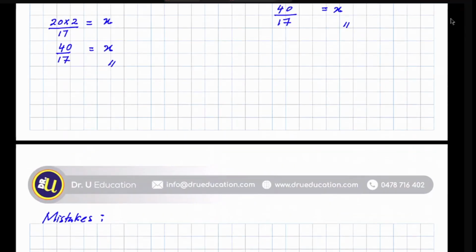I will show you mistakes. So the question is 2 divided by x minus 3 divided by 5 is equal to 1 divided by 4, right? I have seen some students do this. They try to do the cross multiplication, right?